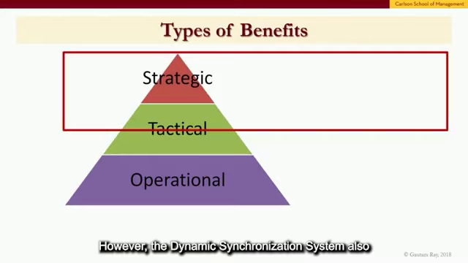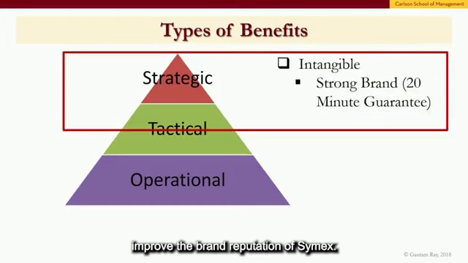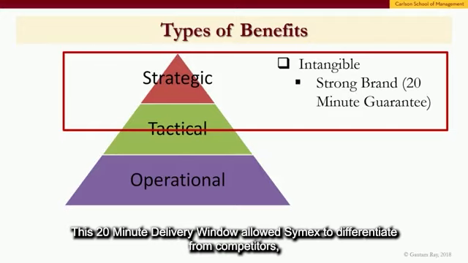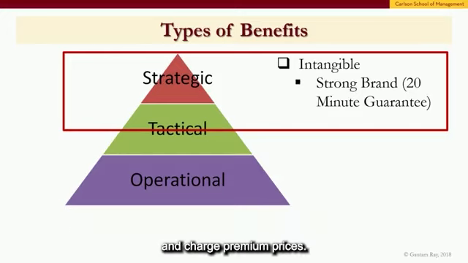However, the dynamic synchronization system also improved the brand reputation of CMEX. The system allowed CMEX to give customers a 20-minute delivery window. This 20-minute delivery window allowed CMEX to differentiate from competitors and charge premium prices.